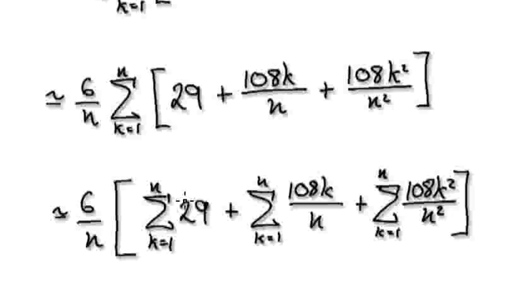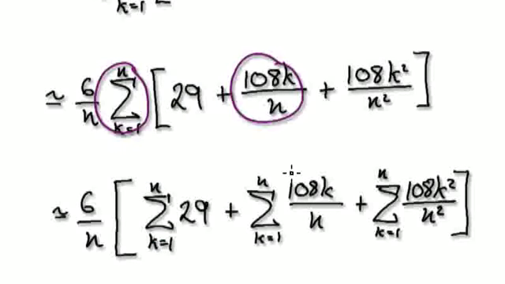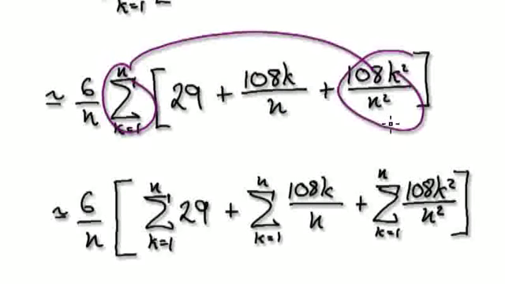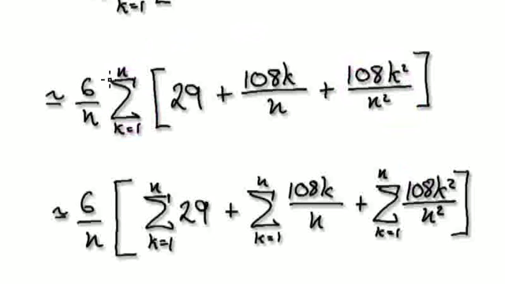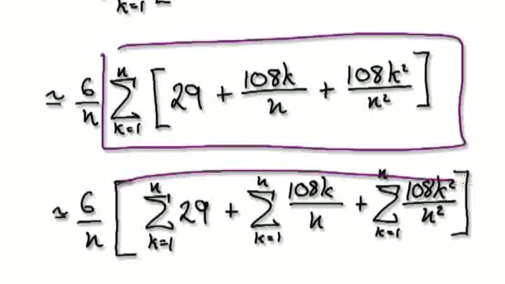And then we can break into here. So that would give us this summation, and then this will give us this. So this whole thing here is exactly the same as this thing here.